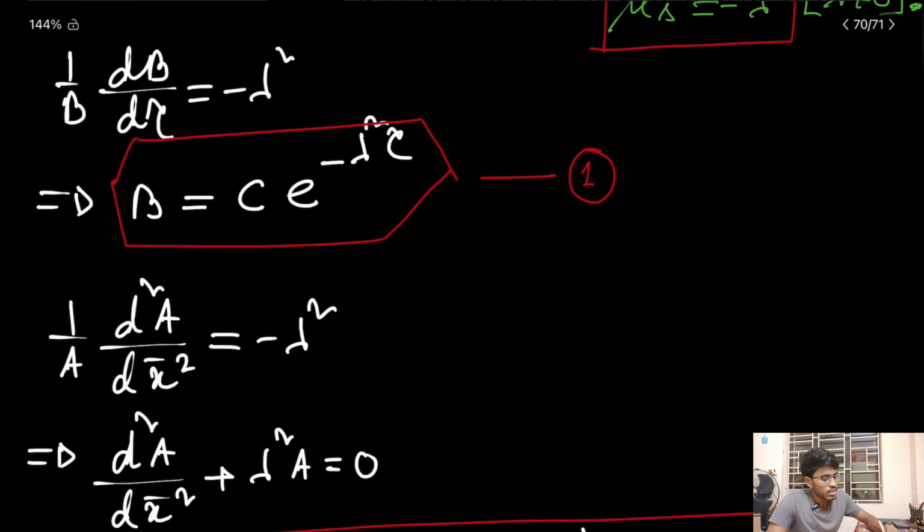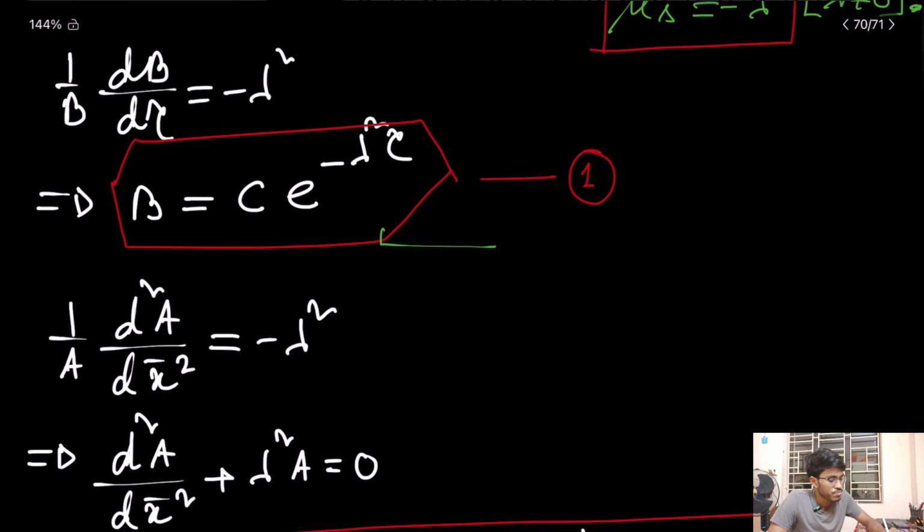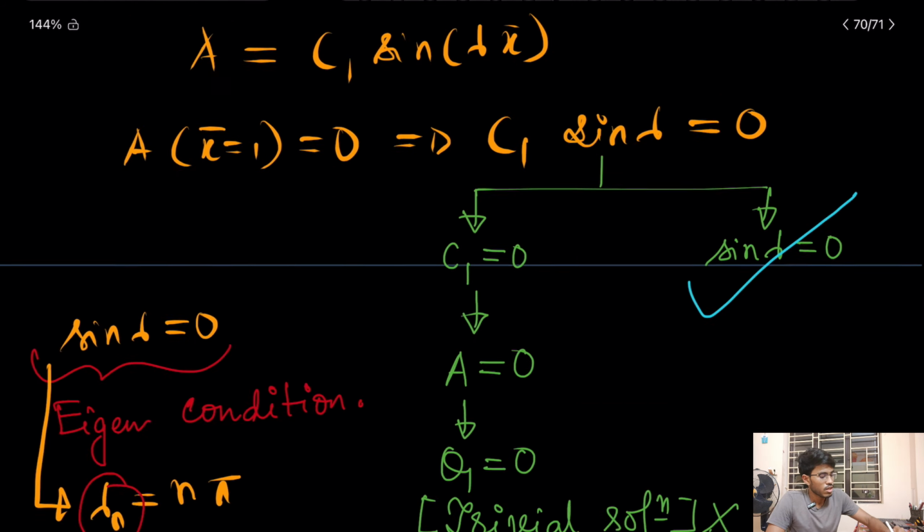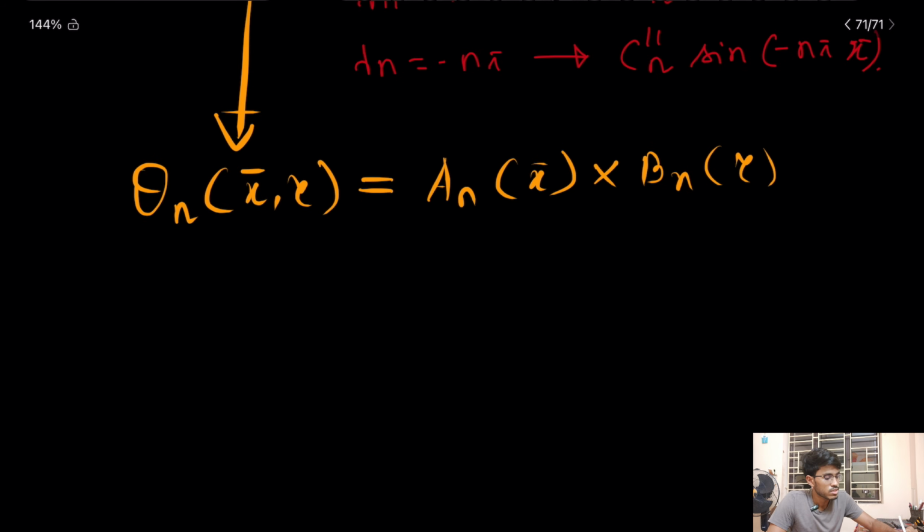So here I should write B n of tau equal to maybe some C dash n, because C n I have already used for my A, and this is e to the power minus lambda n square into tau. Okay, so now let me put these values, or the expressions I should say.